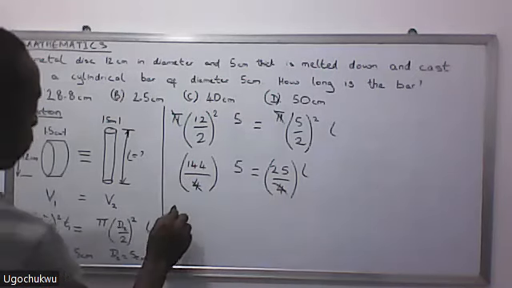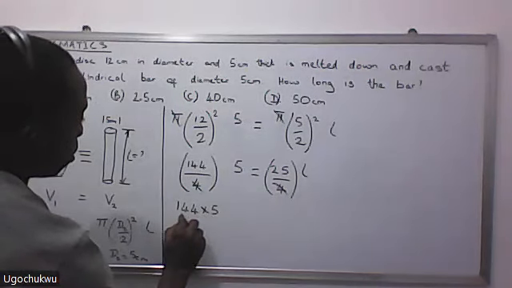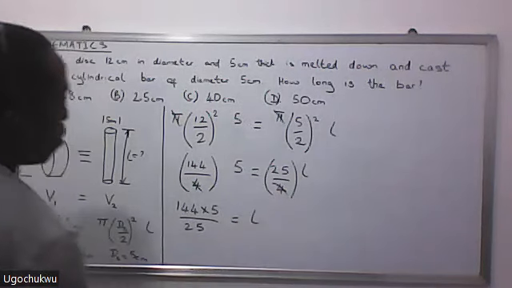So basically we have 144 times 5 all over 25 is equal to L.